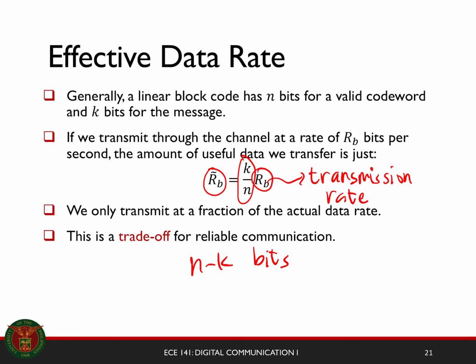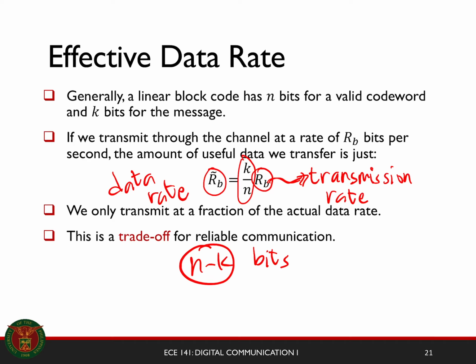So what this says is that our data rate is a fraction of the bits per second we transmit. We're actually wasting n minus k bits per code since we are using them to check if there is an error in the transmission.